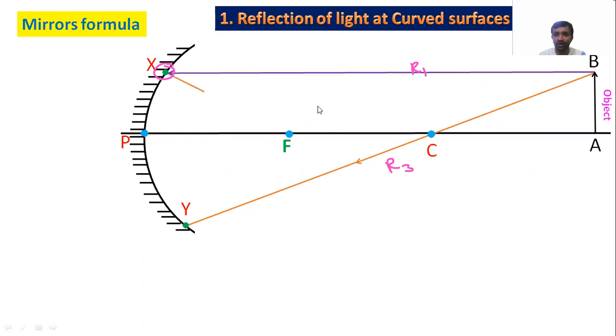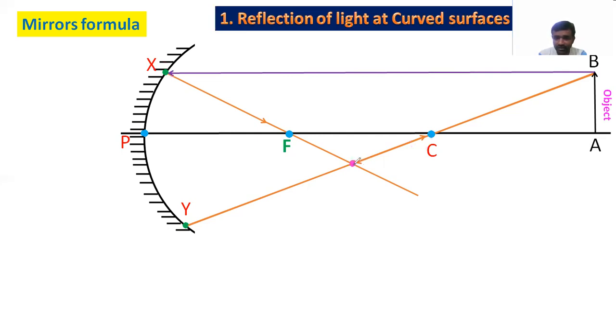Then what happens after reflection? The parallel light ray passes through the focus. Then R3 retraces its path. See, again, it is passing through the center of curvature. Then here I got a common point after reflection.